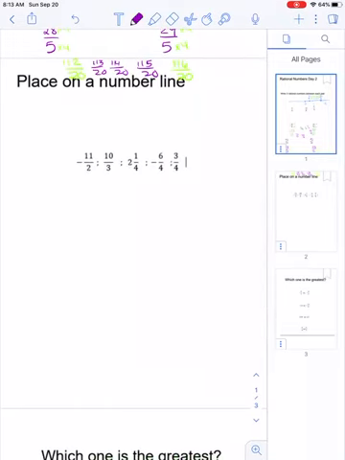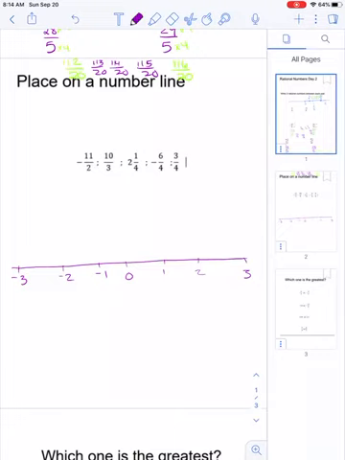Next question, they're asking to place on a number line. For this one, I have negative 11 over 2, 10 over 3, 2 1/4, negative 6 over 4, and 3 over 4. We're going to draw a number line. First step for this would be to put everything on the same denominator.